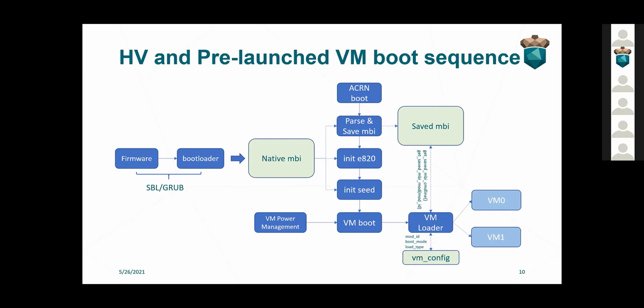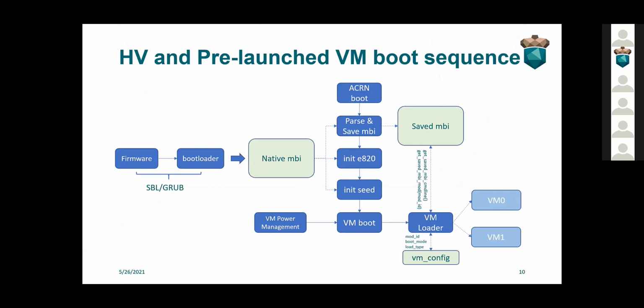So when ACRN boots, it will pass the native multiboot info and save this multiboot info to its own boot info structure.